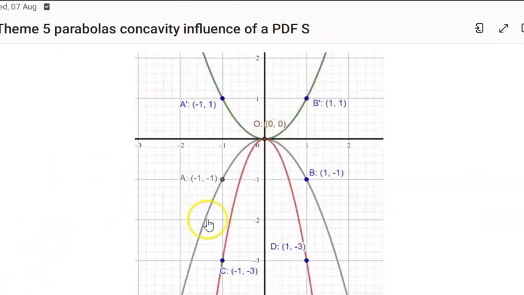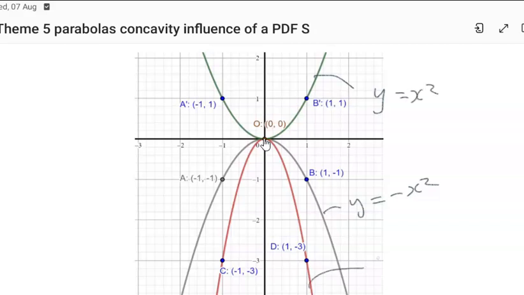On this graph, you will see now the mother graph, the green one. I've kept it there to show the relationship between x squared and minus x squared, the grey graph. And then the red graph is now the graph. This is our y equal to minus x squared. This is our y equal to x squared.